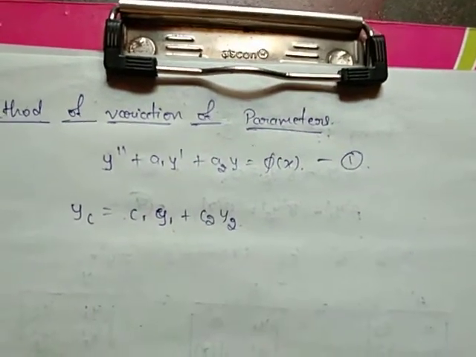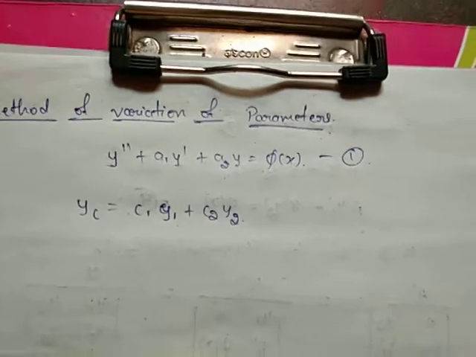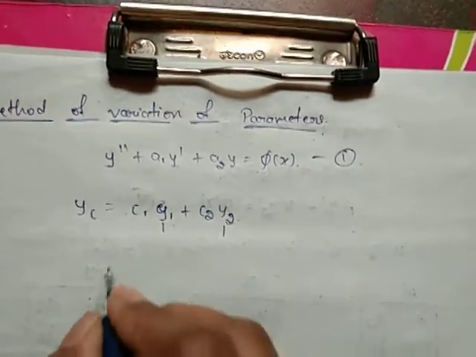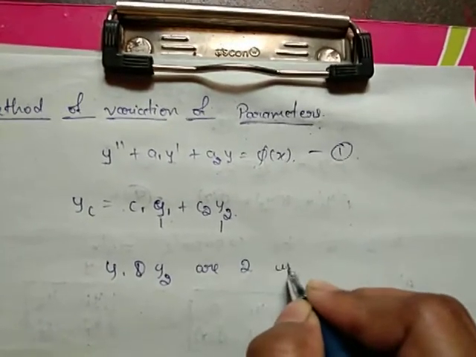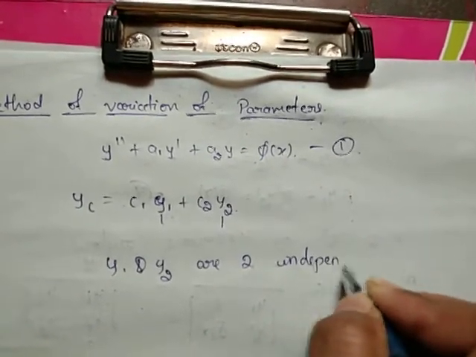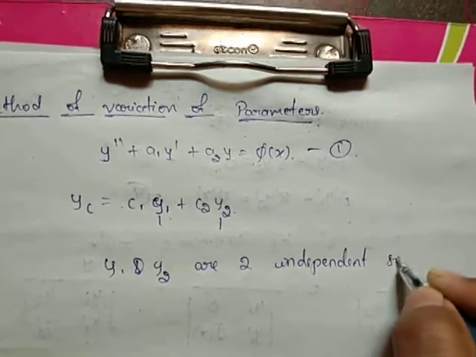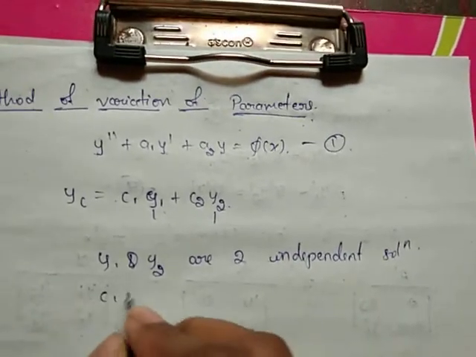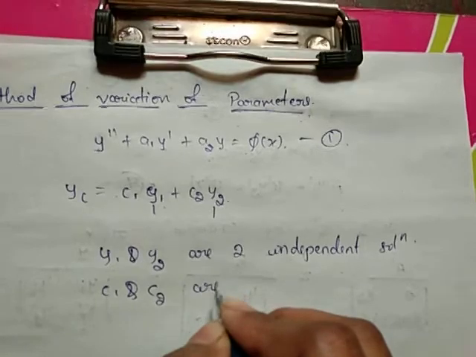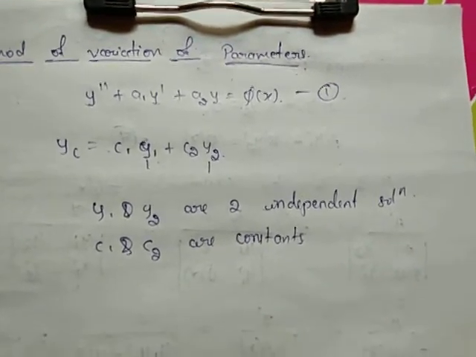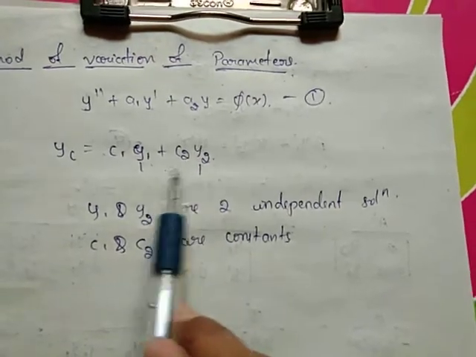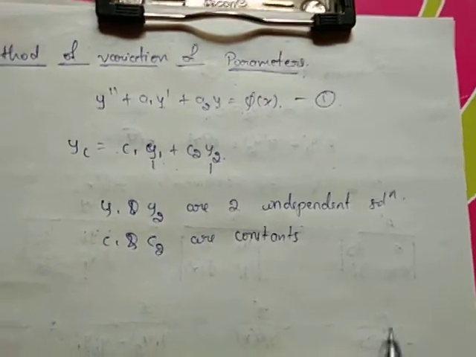That is your complementary function. So here y1 and y2 are two independent solutions. C1 and C2 are constants.